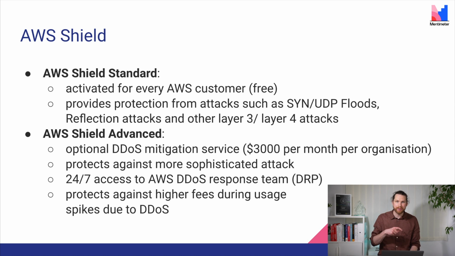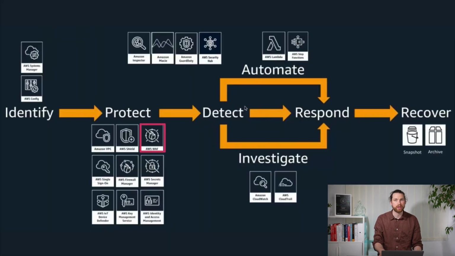And what is extremely useful is that if we face higher fees because of a DDoS attack, AWS will let us decrease the amount of money that we need to pay. So there is a little insurance included in AWS Shield Advanced.